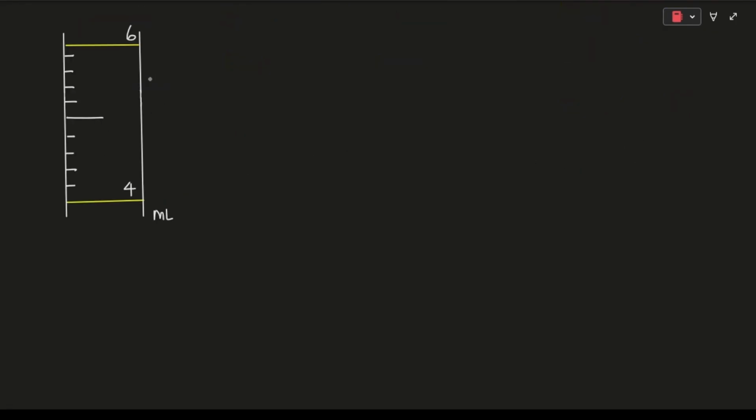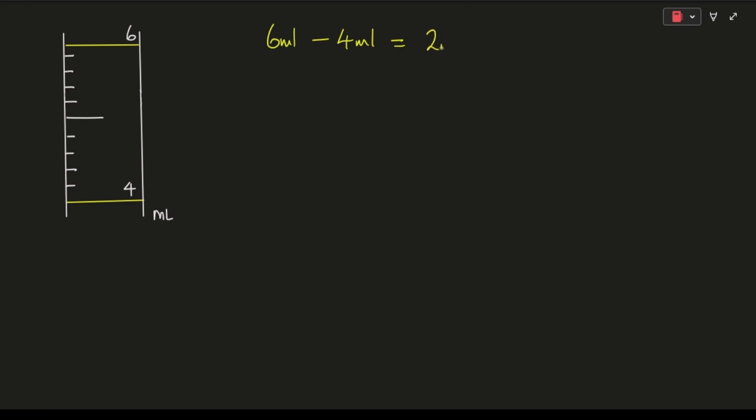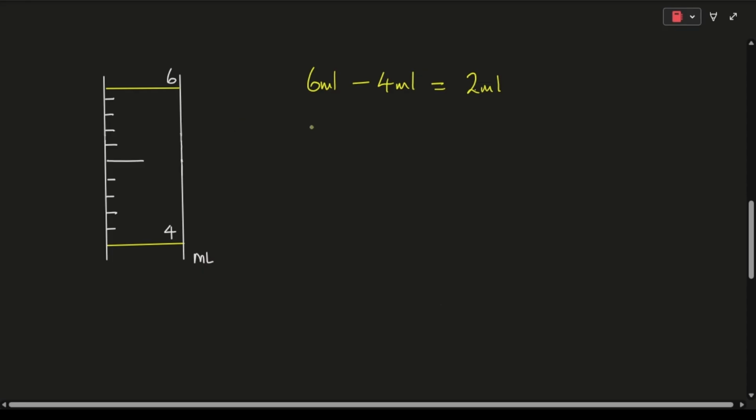Now, let's take a look at this second example, showing a graduated device where the big lines are in intervals of 2, and we have smaller graduations of 10. So to determine our smallest increment, we're going to divide 2 milliliters by 10.